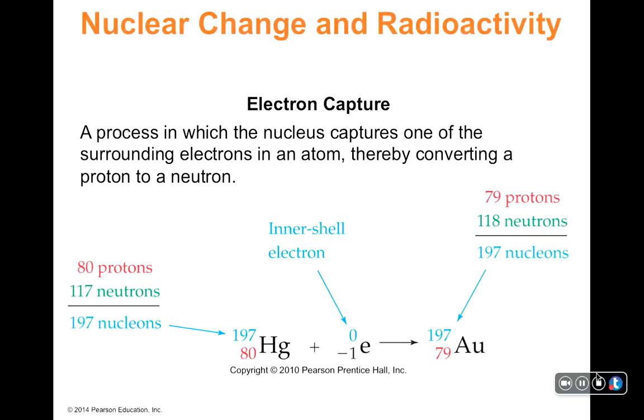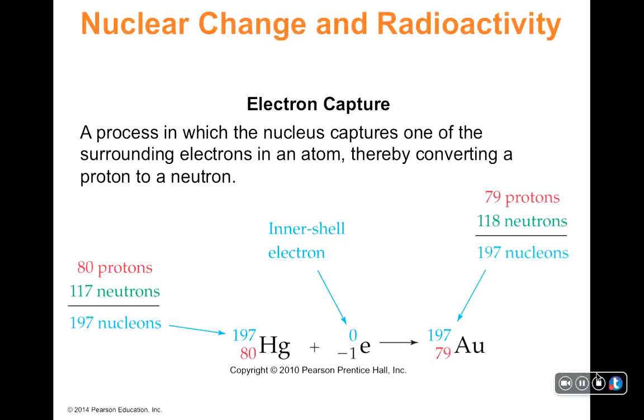So it is unusual in that, and the capture explains how that's going on. So an isotope of mercury-197 undergoes electron capture, meaning it's gaining this electron, and then you see the product gold-197. The electron has no mass, so the mass number is 0, and it has a -1 charge.